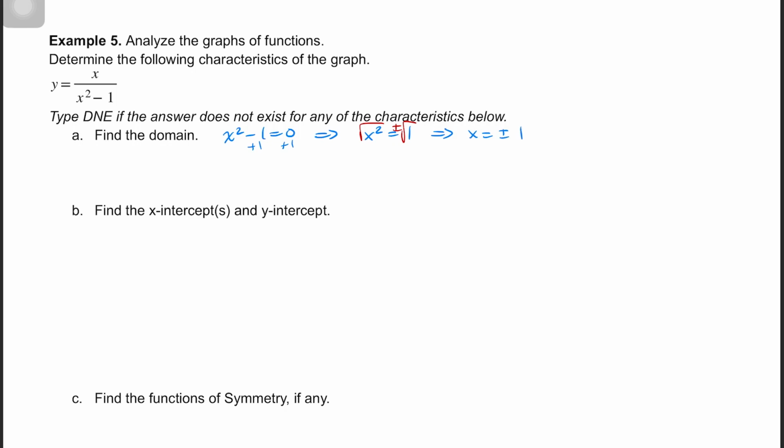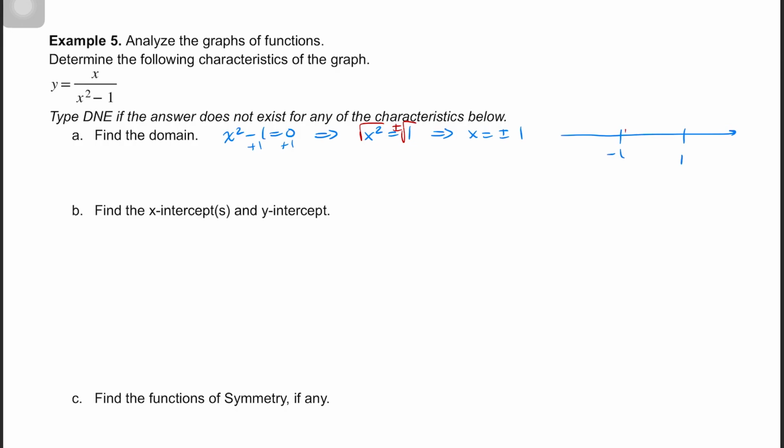So in other words, these numbers make the denominator 0. Hence, they make the function undefined. And the domain is all the real numbers that make the function defined. So in other words, it's going to be all real numbers except negative 1 and 1.